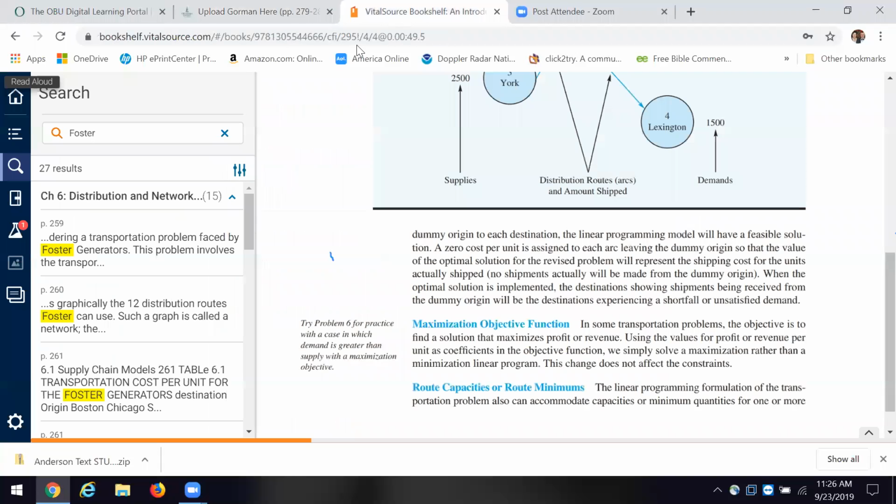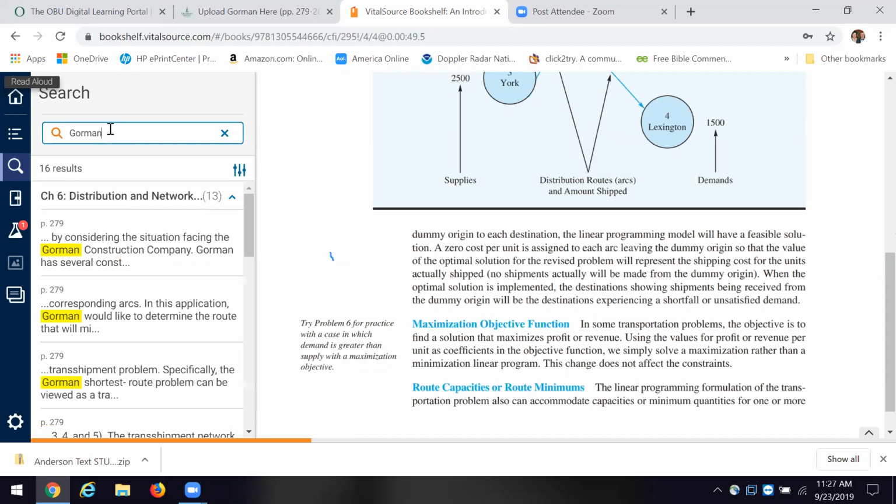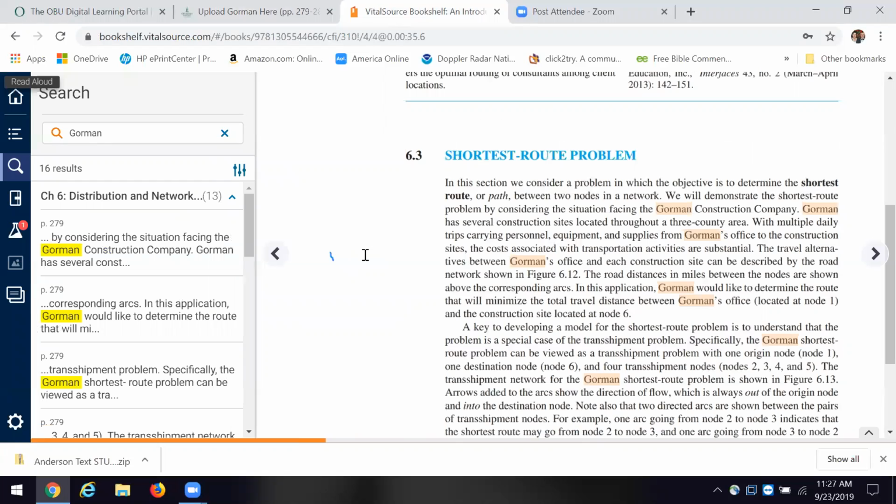And we'll look at this real quickly here. I'm going to take a look here at the textbook and talk about it for just a few minutes. I think at this point, if it hadn't gotten your attention, I can use this in so many different types of problems. But really, as I've said before, this is about a way of thinking more than anything. And this is a shortest route problem.